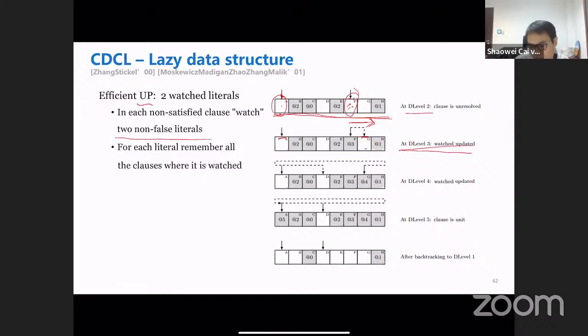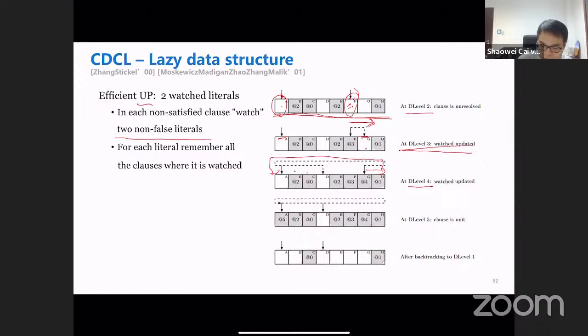Then suppose at level 4, G is also falsified. Then it tries to find a new literal to watch. Going backwards, H, no, and to the end, then it returns to the beginning of the clause and continues the search. A is already a watcher, so skip it.